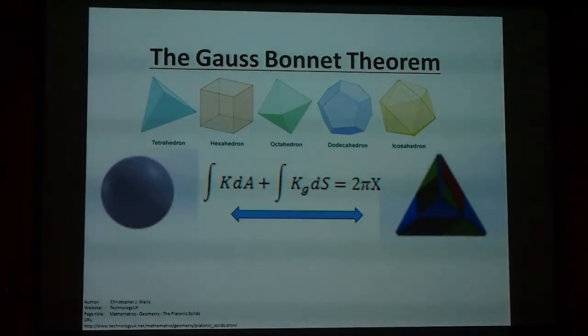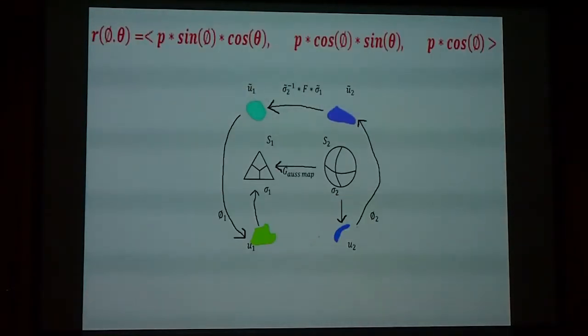Now there are a bunch of different problems with trying to do this. The first is that while the Gauss-Bonnet theorem guarantees that the Gauss map exists, it doesn't specifically tell us how to find it, but it does give us a bunch of clues.